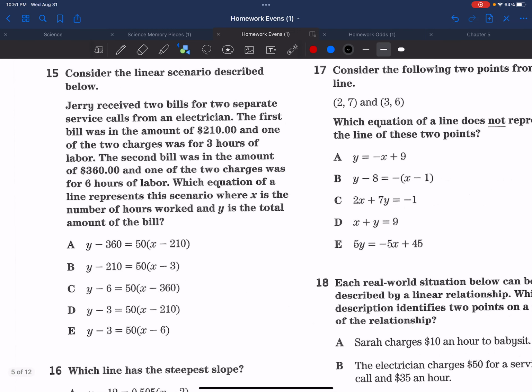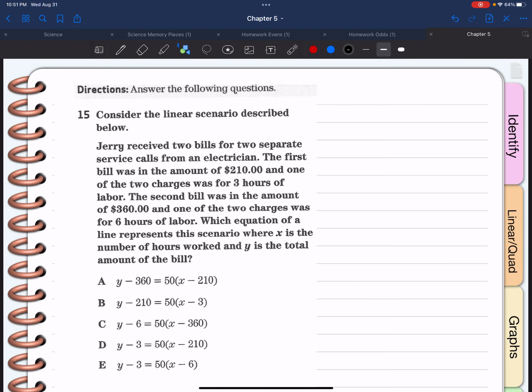Number 15 I brought to my notebook. Consider the linear scenario described below. Jerry received 2 bills for 2 separate service calls from an electrician. The first bill was in the amount of $210, and one of the two charges was for 3 hours of labor.